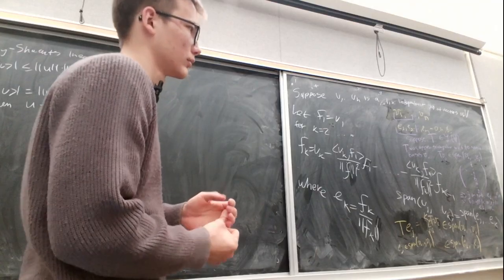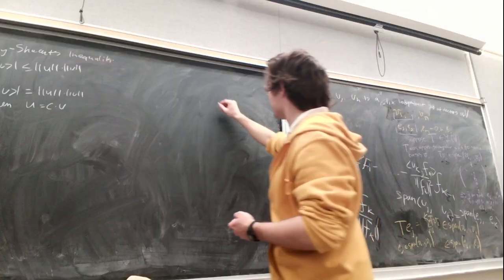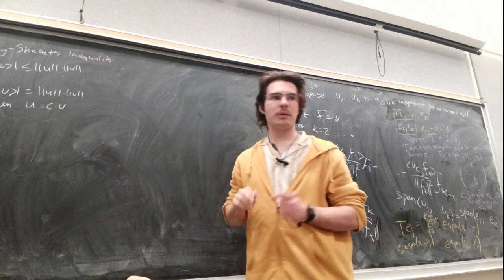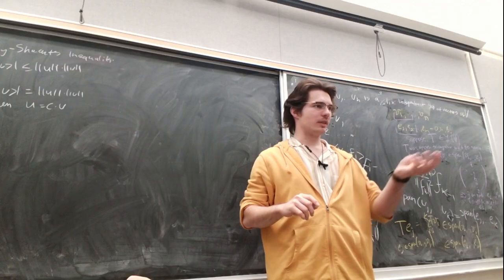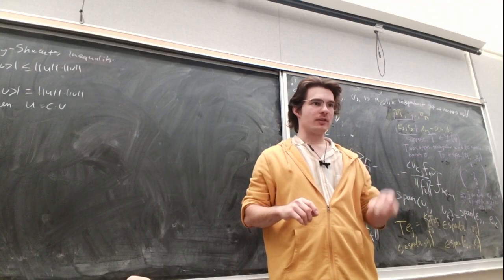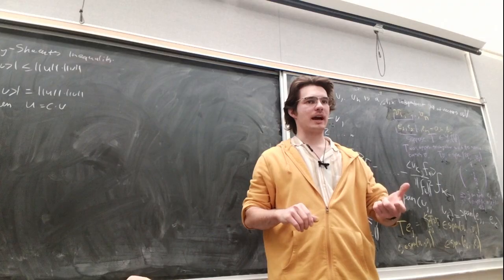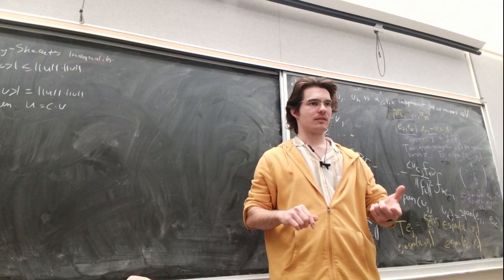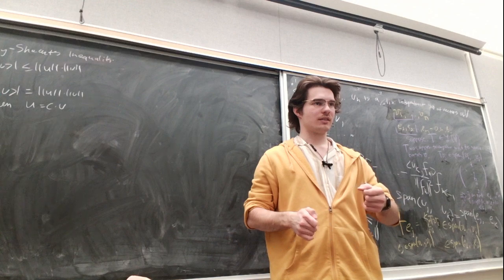Why is this so important? Recall what we talked about on day 1. What did we show about upper triangular matrices on day 1? You weren't there, that's okay. For a vector space over the complex numbers, any operator has a basis with respect to which it is upper triangular.